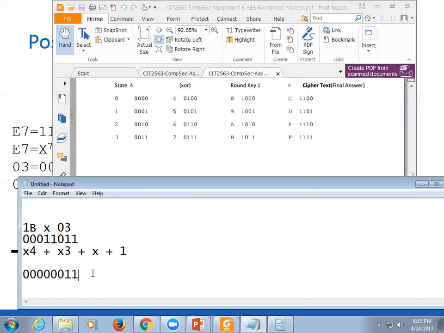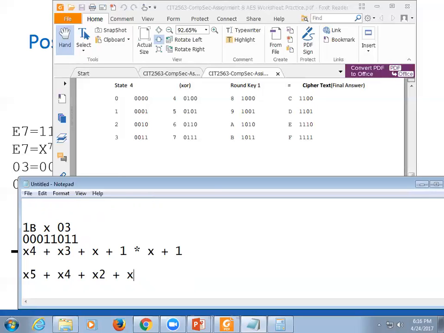All right. So now we need to do what? We need to do 03. So what's 03? x plus 1. Okay? So far, so good? So what is the result when we multiply those two together? x to the 5, x to the 4, x squared, and x.